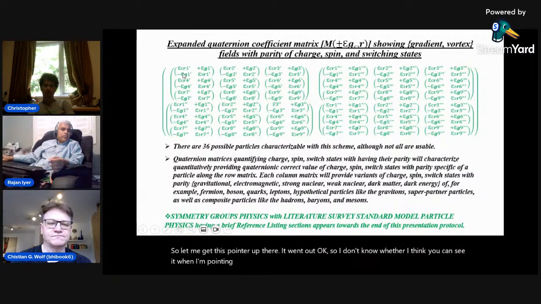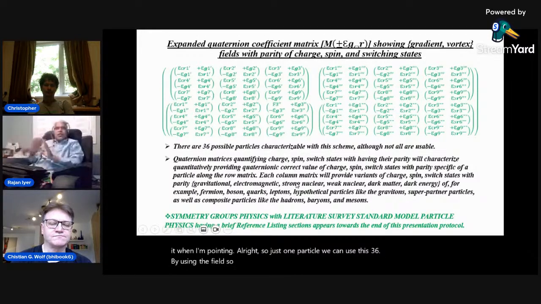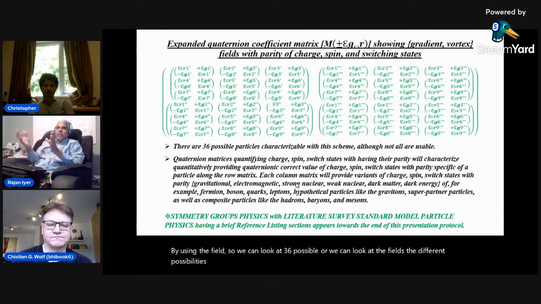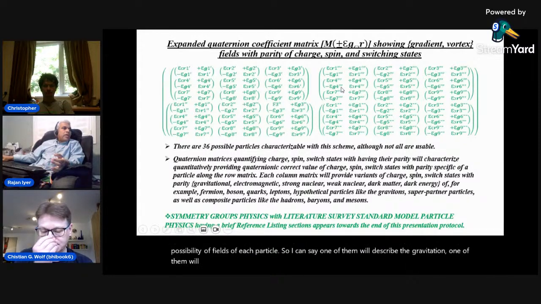All right. So just one particle, we can use this 36 by using the field. So we can look at 36 possible, or we can look at the different possibilities of fields of each particle. So I can say one of them will describe the gravitational, one of them will describe the electromagnetic aspect, the strong nuclear.